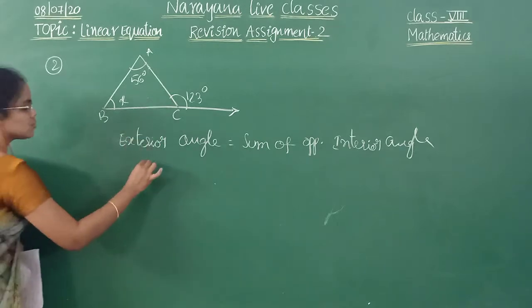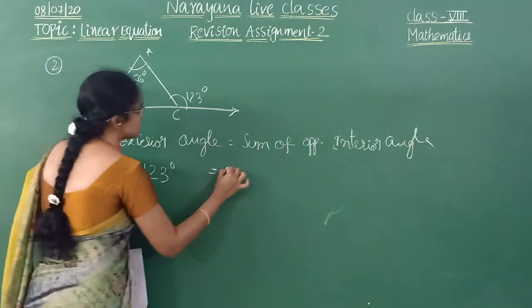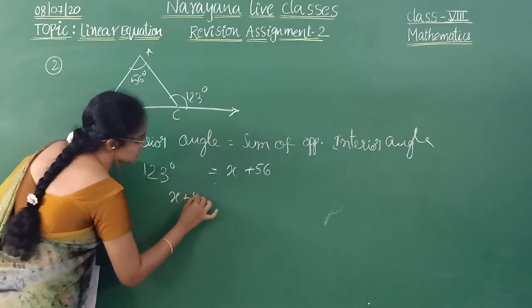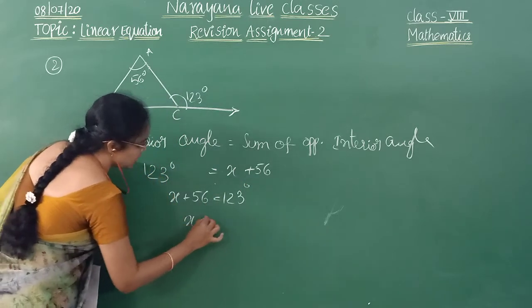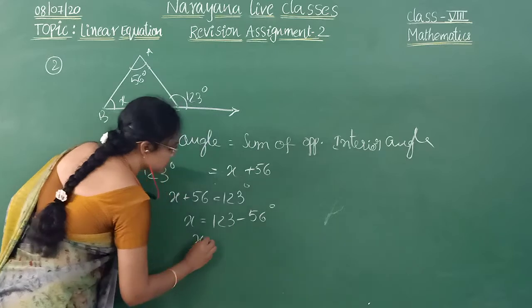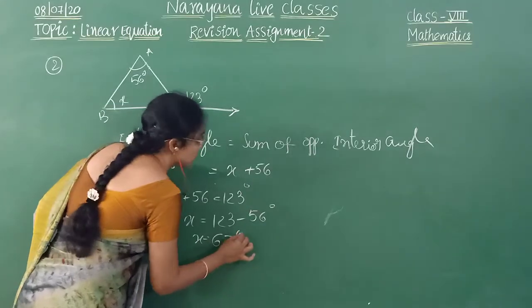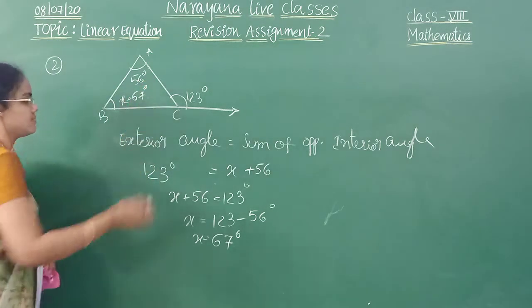So the exterior angle is 123 degrees. Of the triangle, the interior angles are x plus 56 degrees. So x plus 56 is equal to 123, and 56 transfers to that side. 123 minus 56, so the x value is 123 minus 56. You have to find 67 degrees. The value of x is 67 degrees.